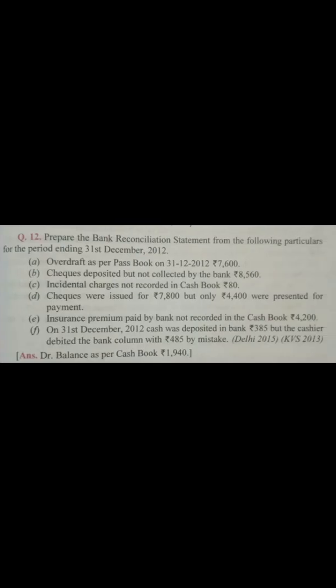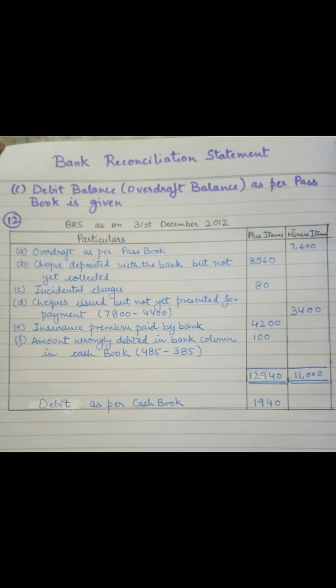D1. Checks were issued for 7,800 rupees, but only 4,400 were presented for payment. So the company has issued the checks, but checks for only rupees 4,400 have been submitted by our creditors in the bank.